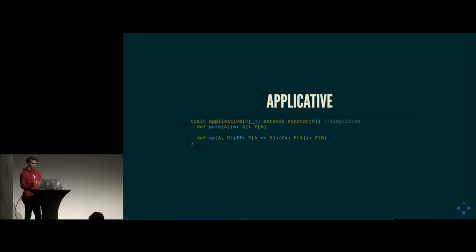But given an applicative instance, you can extract these values somehow from the inside of these boxes, apply this function to the value in the other box, the first one, and you'll end up with a box with a new value. And with just functor, this wouldn't work in an abstract way, because you would end up with nested Fs, and that's not something you want most of the time.